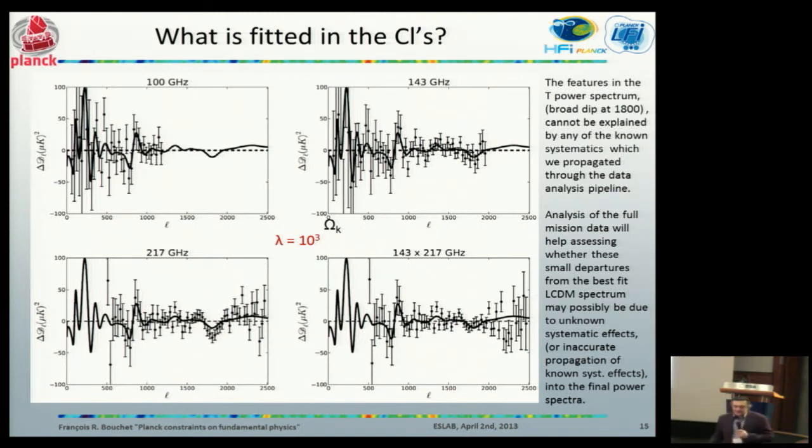So this is borderline. This is something at the 3 sigma level, which we can neither pull away nor decide it's insignificant. So that's the status of where we are.